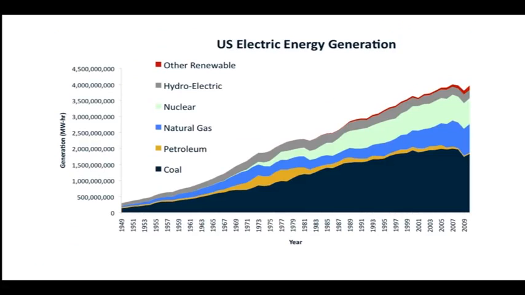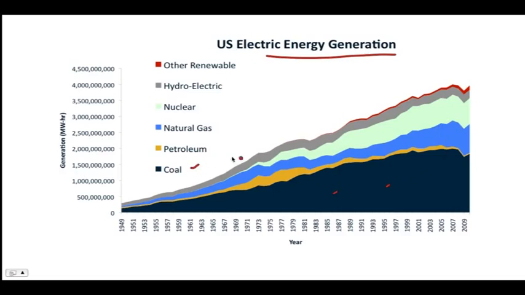Lastly, we'll just look at this chart quickly. This gives the trend and shows the electric power industry over time, and how much of the electricity is being produced from each fuel.